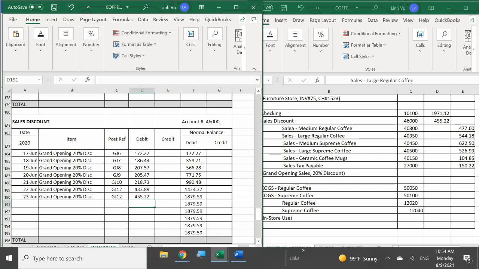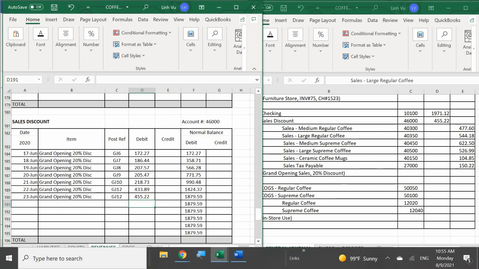Which should leave us a running balance of $1,879.59. Okay, so that was our sales discount.